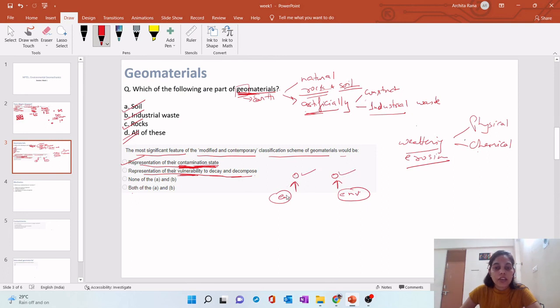Maybe in a less harsh condition, this rock can survive. But if the condition is very harsh, for example very high temperature, very high heat, it might crack, it might decompose. Similarly, in the same environment, different types of rock are there. One is very resistant, another not so resistant. In that case, again the vulnerability of these two rocks is different.